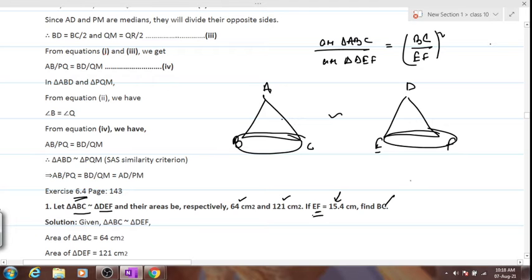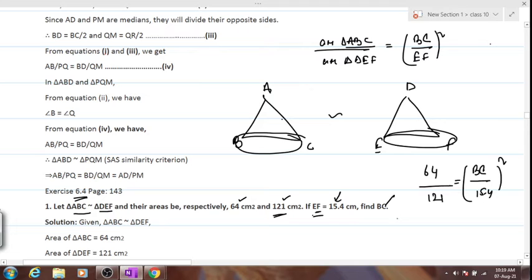Instead of area of triangle ABC, I'll write 64, it's given, and area of triangle DEF is given to us as 121. Which equals BC will remain as it is, and EF will remain 15.4 whole square. Now, how will you solve this?